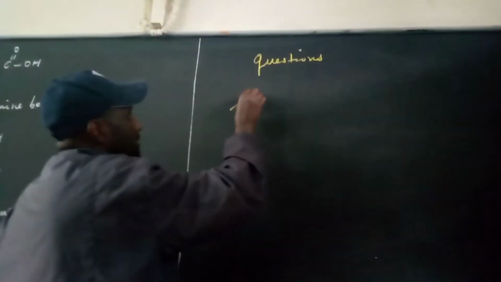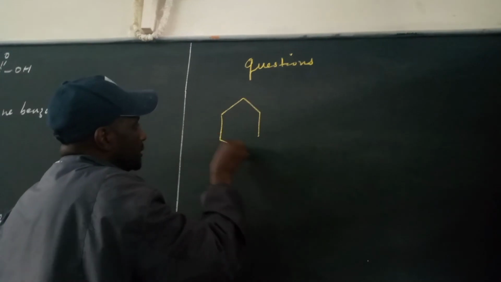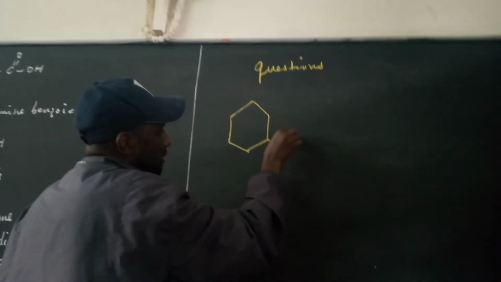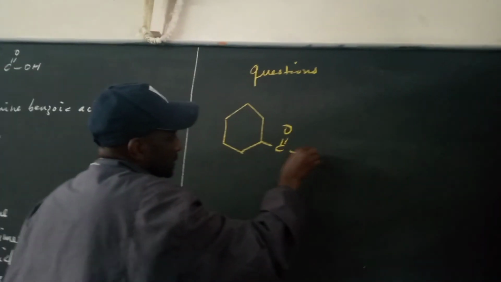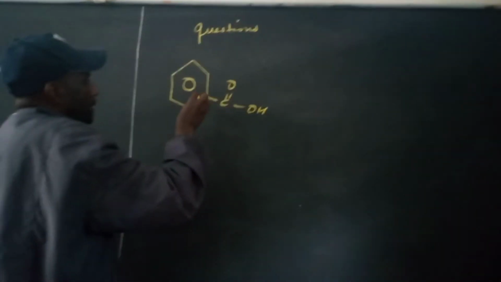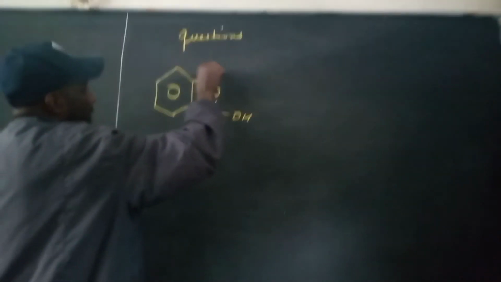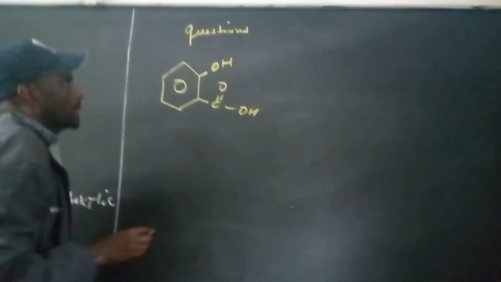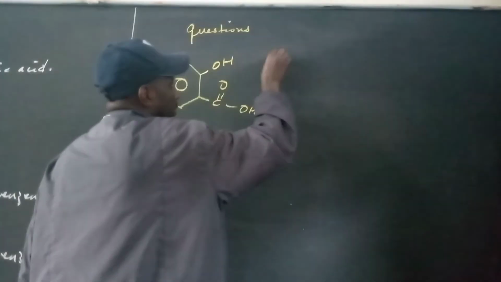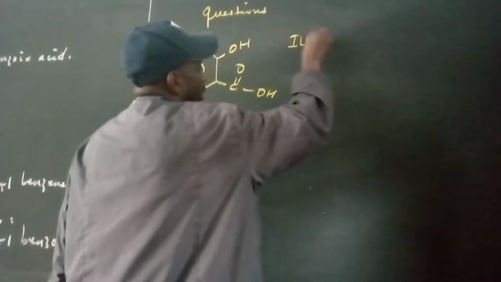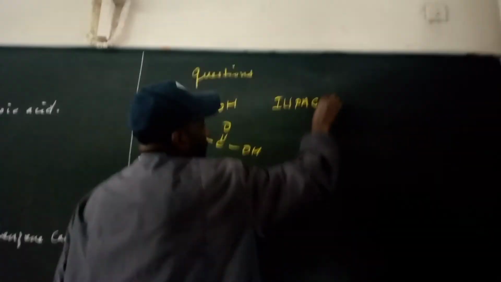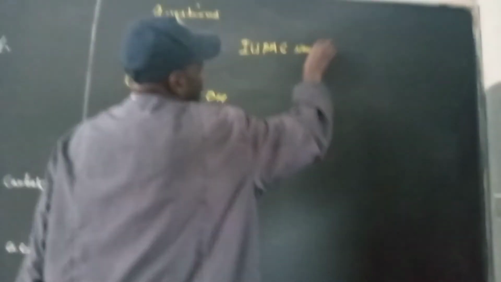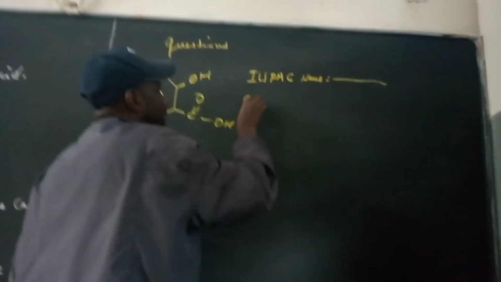One: let's say this is a benzoic acid, and we have a substituent. Give the IUPAC name and the common name.